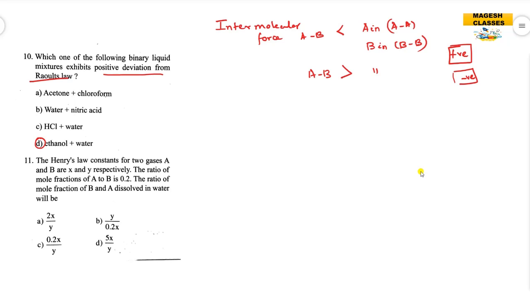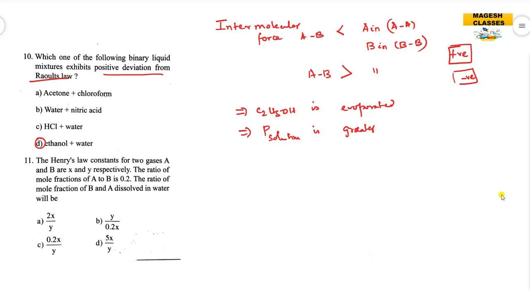Now what is our explanation? Ethanol is easily evaporated. As a result, the vapor pressure of the solution is greater, due to the evaporation of the ethanol.